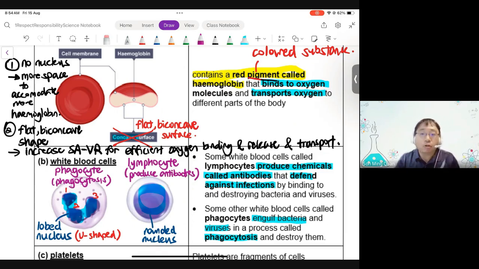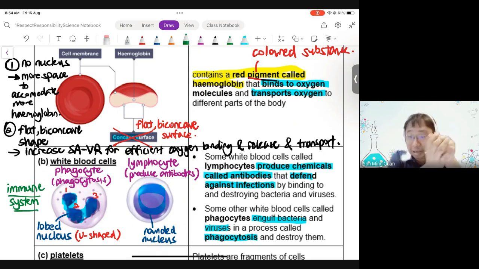Now, you don't have to know the words phagocytes and lymphocytes. At Sec 2, you just need to know that white blood cells defend our body against infection. In fact, white blood cells are part of the immune system. The immune system protects our body from infections. So you can imagine that without functioning white blood cells, the immune system becomes weakened, and that is a problem for the human body.